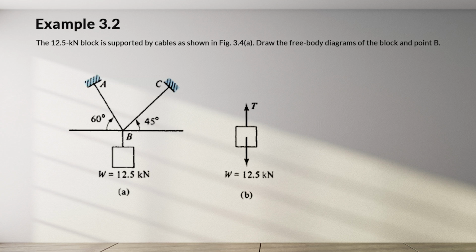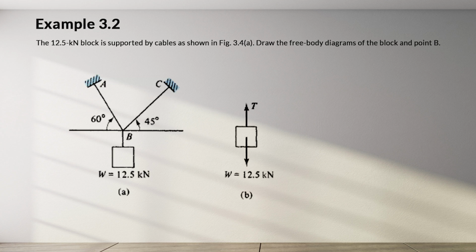First, consider the block as a free body. The force T of the cable acts upward along the cable away from the body, and the 12.5 kilonewton weight of the body acts downward toward the center of the Earth. The two forces act along the same straight line. They form a collinear force system.